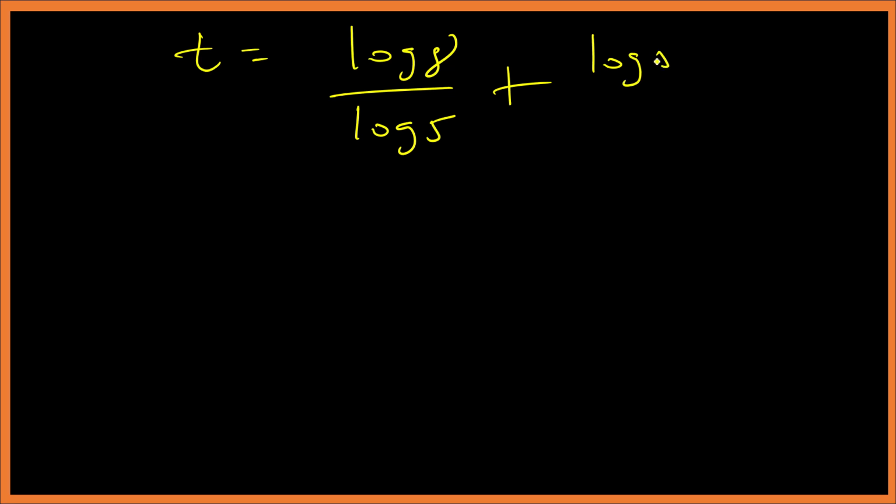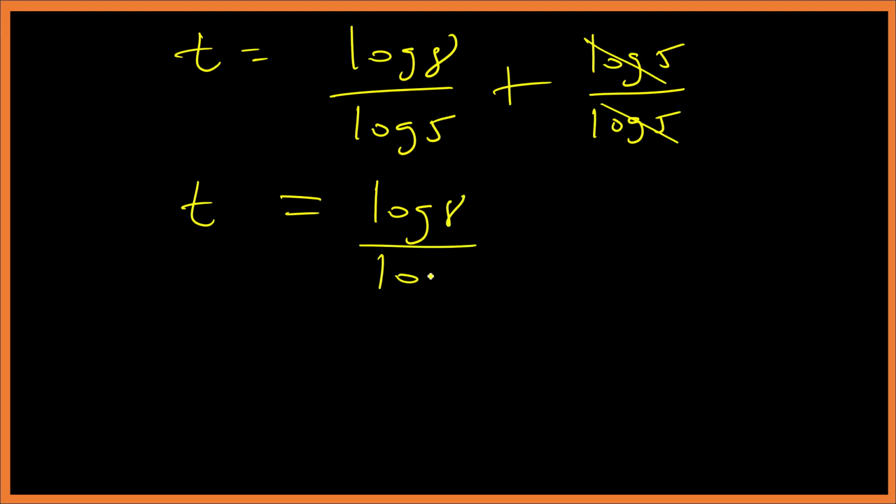So we can write this one as log 8 over log 5 plus log 5 over log 5. So t is log 8 over log 5 plus log 5 over log 5. Okay. Now, from here, this side will cancel, which will make this side 1. So we have log 8 over log 5 plus 1.